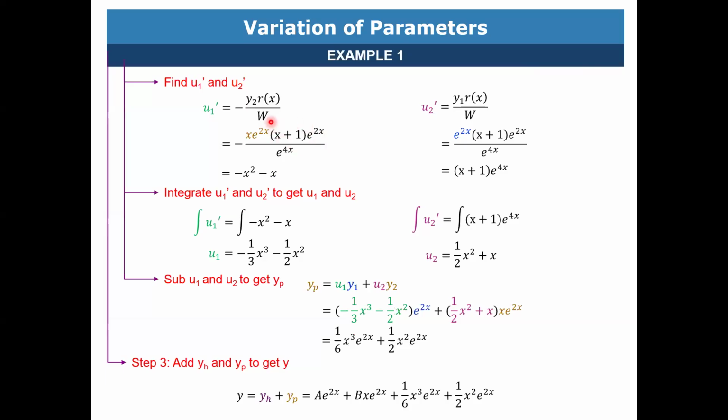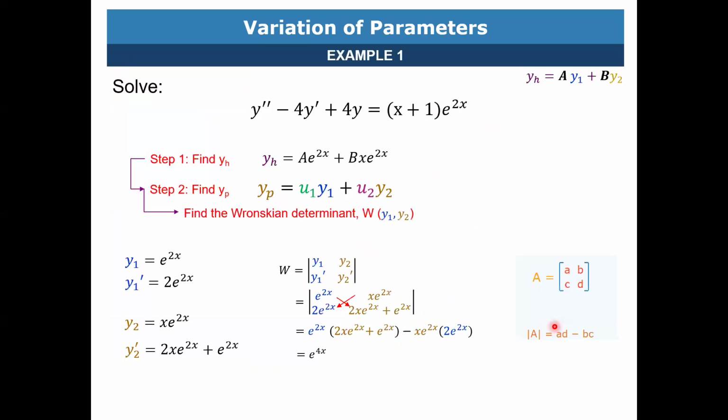Substitute it here and substitute the value of w that we have in the previous slide, and you get u1 prime. Similarly, for u2 prime, instead of y2 we have y1 here, and there is no negative sign in front. After substituting, you will get the value of u2 prime.